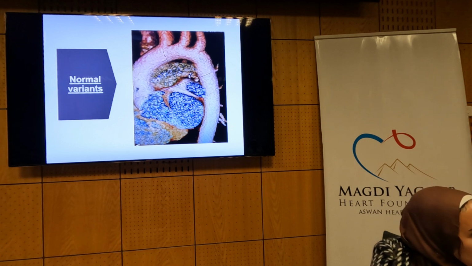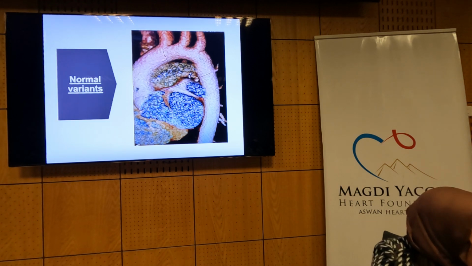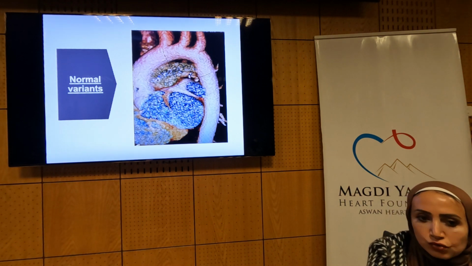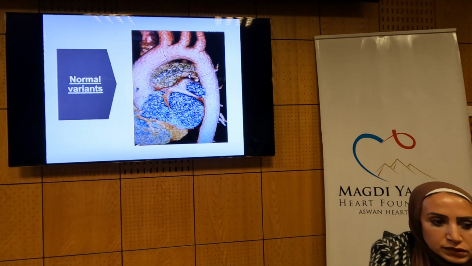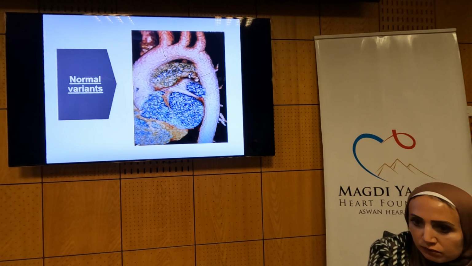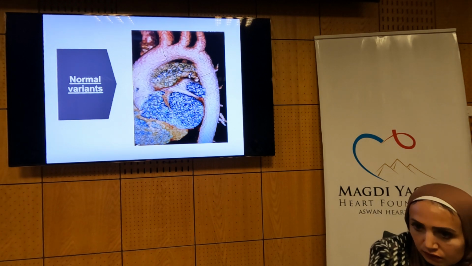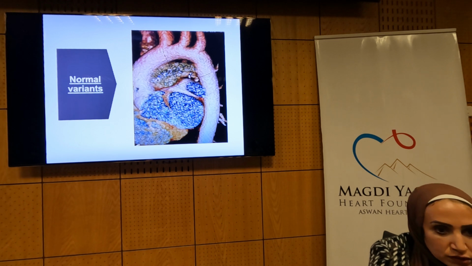Until now, we consider it a normal variant, described a lot in multi-slice CT or MRI reports, not by echo, because it's difficult to get this idea from it. Until now, there is no clinical implication to finding a Gothic aortic arch or Romanesque aortic arch. However, having said that, a lot of literature now talks about the fluid hemodynamics in the aortic arch, especially after aortic arch repair in coarctation or after arterial switch in TGA.